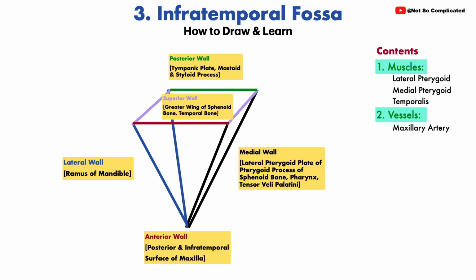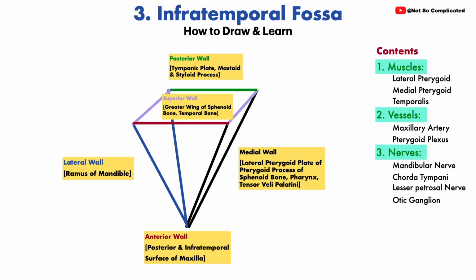You can remember, it is very logical, isn't it? Because this is the infratemporal fossa, all in the head. Then the maxillary artery, pterygoid plexus, and the nerves: mandibular nerve, chorda tympani, lesser petrosal nerve, and then the otic ganglion. So that is how our infratemporal fossa completes.